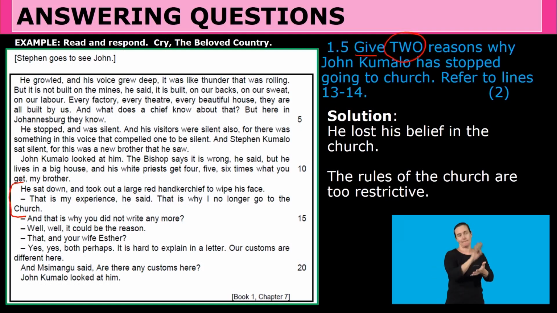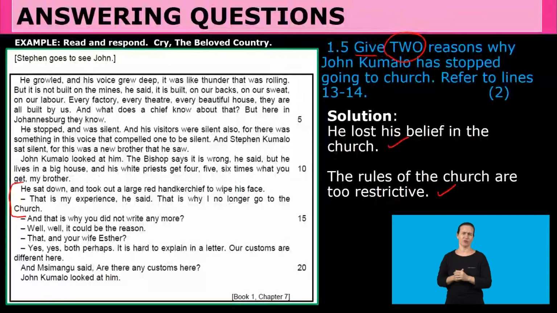Okay. So he lost his belief in the church, which means he no longer believes that the church is fulfilling why he wants to go there. And the rules of the church are too restrictive. So there's our one reason and there's our second reason. So now you know how to respond to questions where they tell you give or list reasons why.